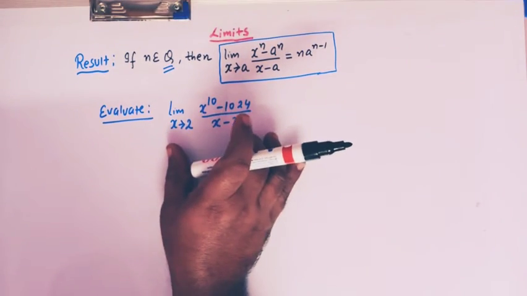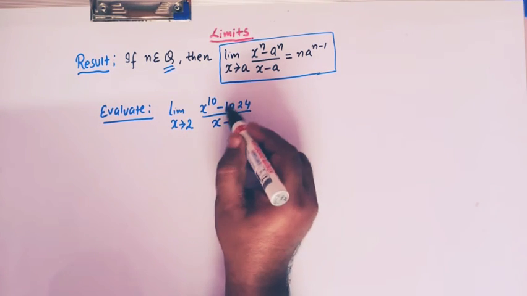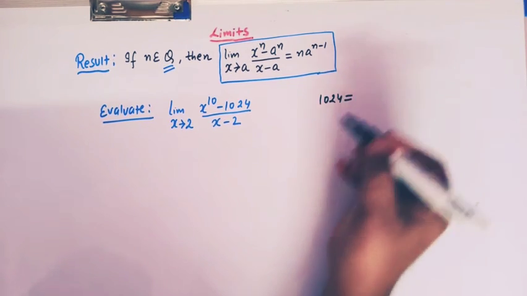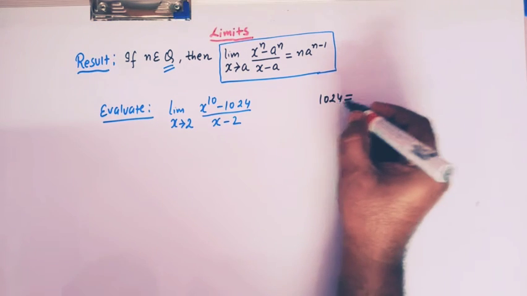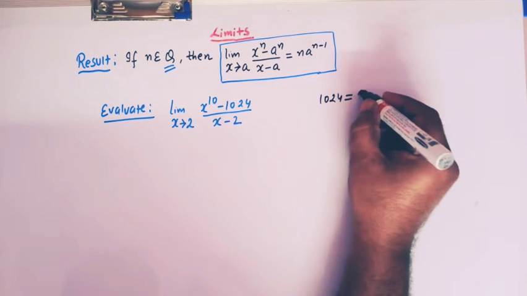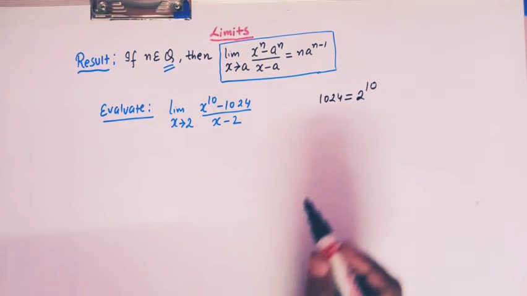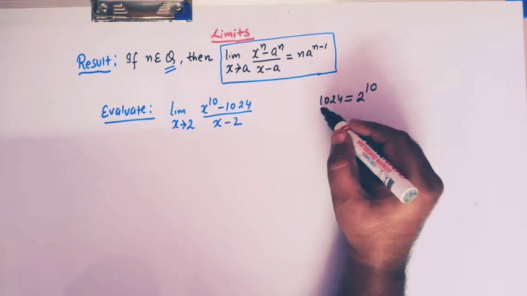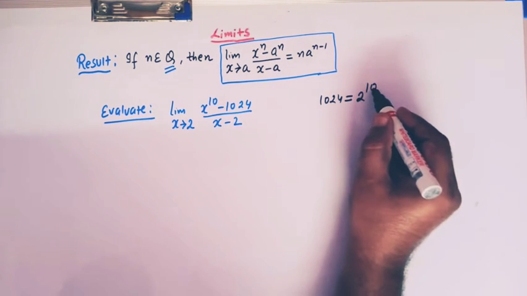So let us first write the number 1024 as a power of 2. We can find the prime factorization of 1024 and express it as 2 raised to 10.